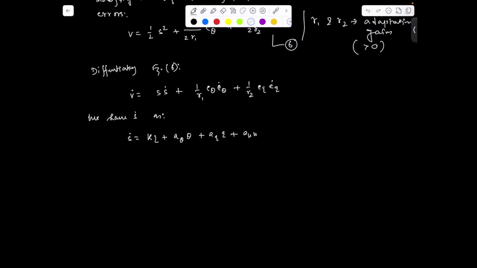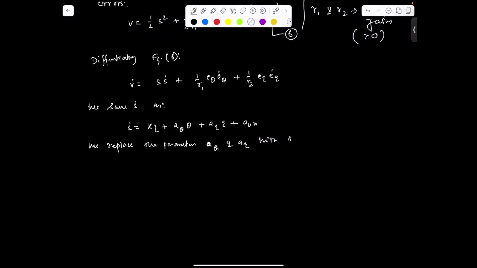So we replace the parameters A theta and AQ with their respective estimates, which are basically A theta cap and AQ cap in control.